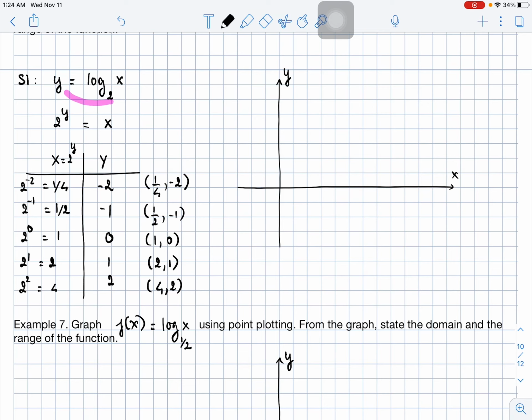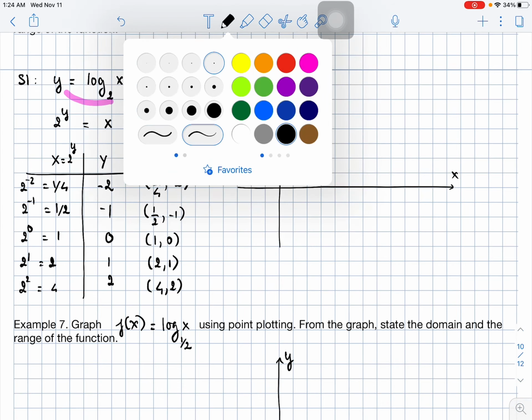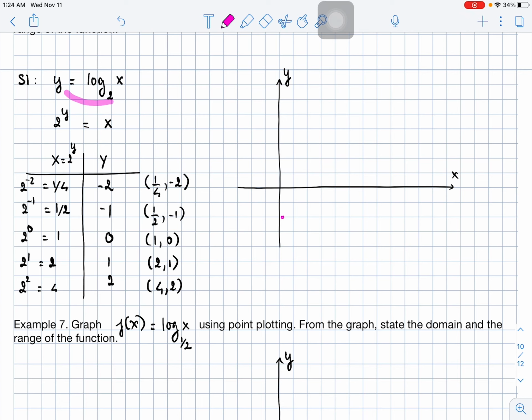First of all, 1/4 is the x, 1/4 like 0.25, -2. And then 1/2, -1. 1, 0; 2, 1; and 4, 2.